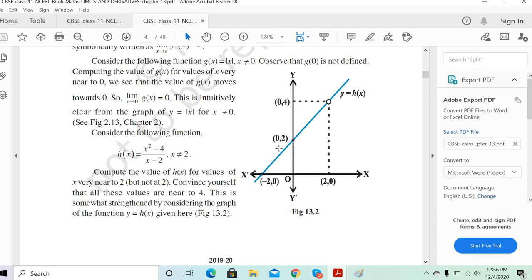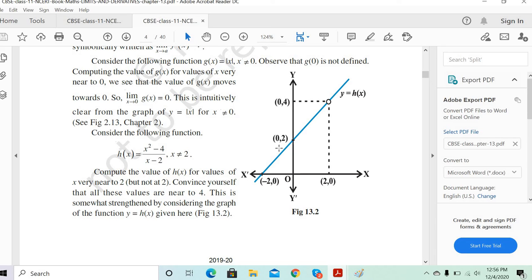Why is it an empty circle? Because this function is not defined at x equal to 2. We don't know what the value can be at x equal to 2. Whenever you are not sure what will happen at x equal to 2, you represent it as an empty circle, because when x is reaching towards 2, h of x is unsure.